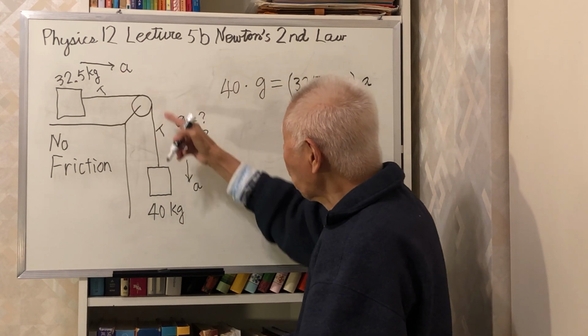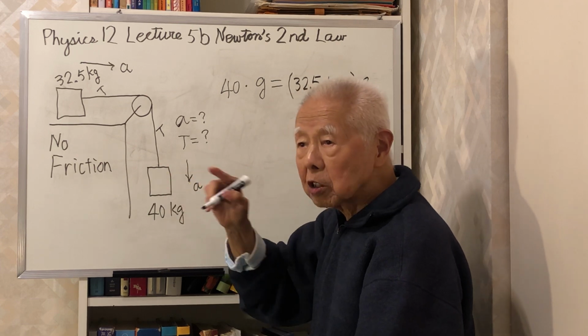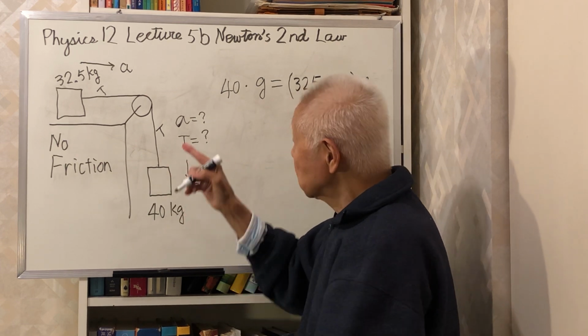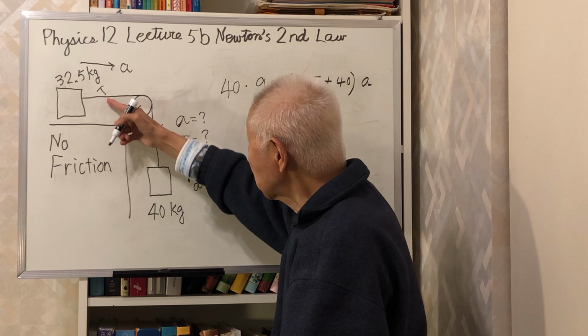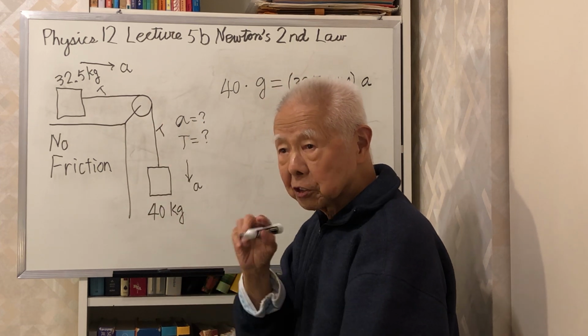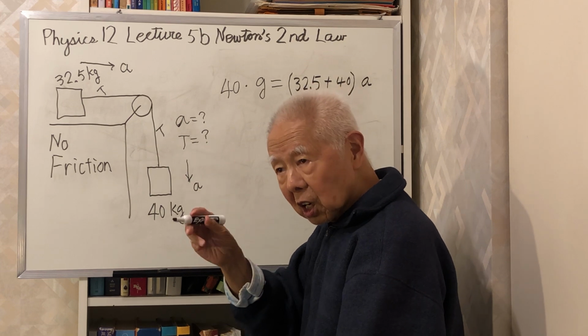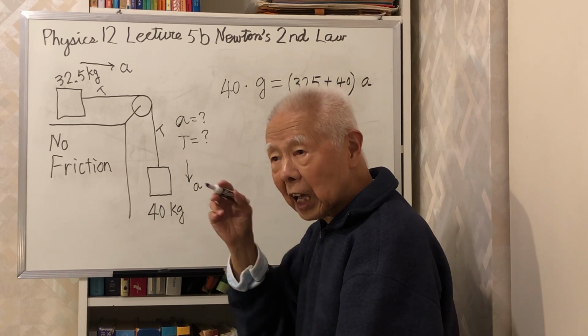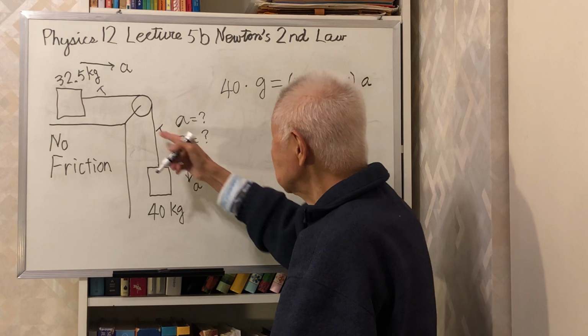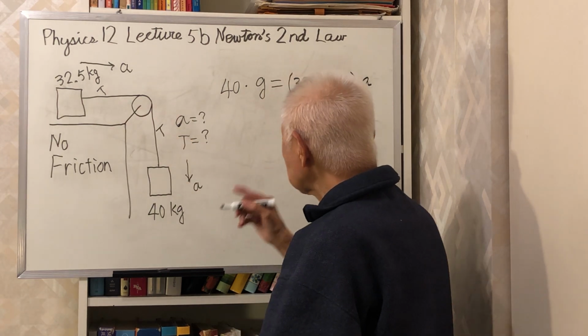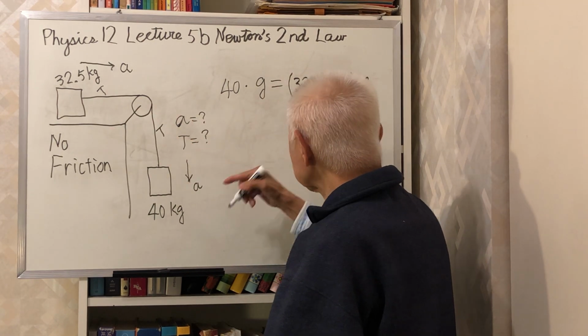Because this is one string, or you say one rope, therefore the tension here and tension here are the same. The tension on one rope is the same everywhere. They're the same. Okay. So I want to find these two quantities.